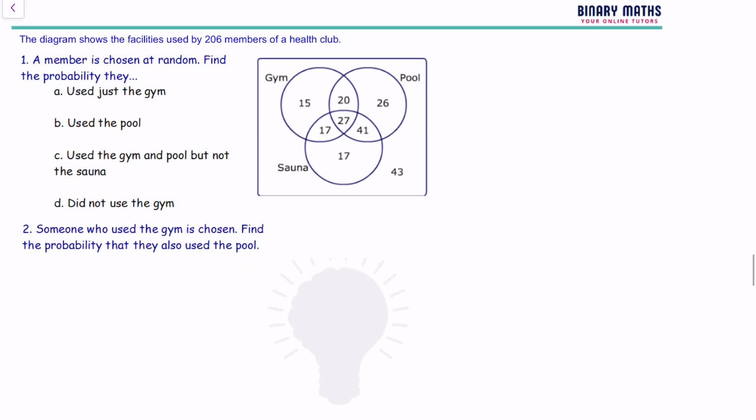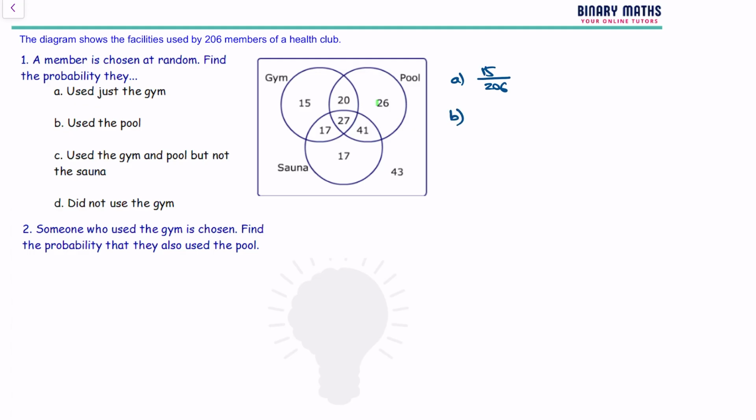The diagram shows the facilities used by 206 members of a health club. A member is chosen at random. Find the probability that they used a gym. Use just the gym. If it's use just the gym, it's just going to be the part that's just the gym, which is that part, which is just 15 out of 206. B, use the pool.